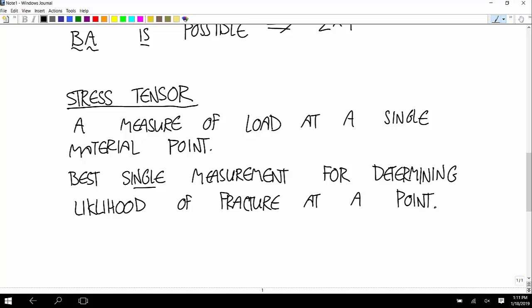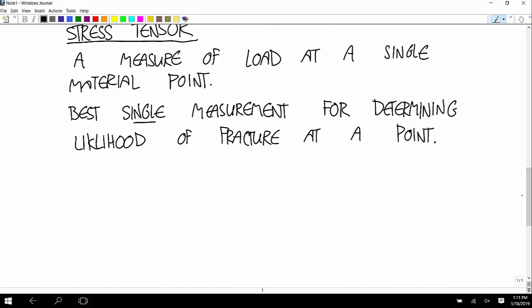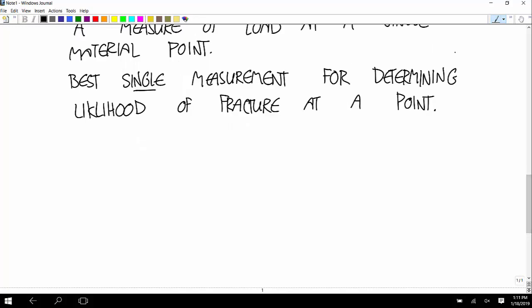Okay. Well, in statics, we started talking about internal loads. And so really, internal loads was the first glimpse of trying to figure out how likely an object is to break at a point. If you think about it, this is how I talked about it in statics.